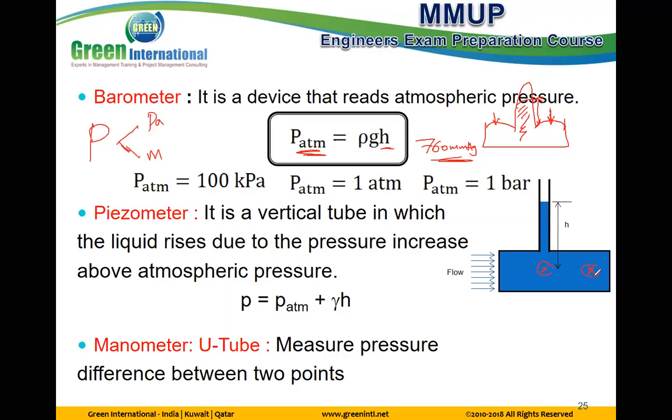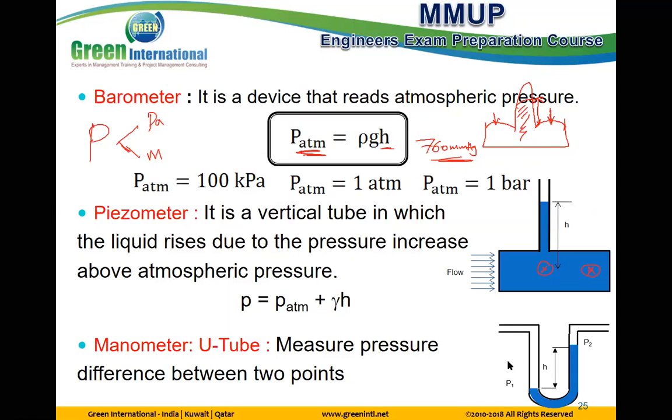So barometer measures atmospheric. Piezometer measures pressure at a point, and this pressure is gauge pressure. And the third one is, close this.